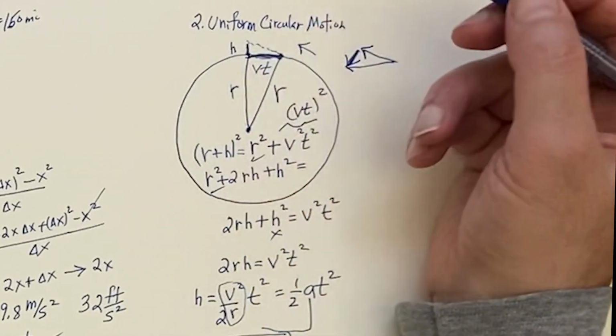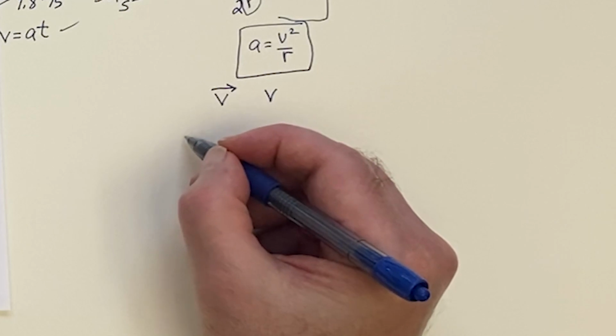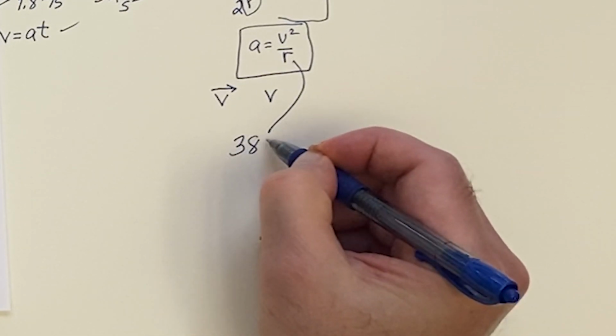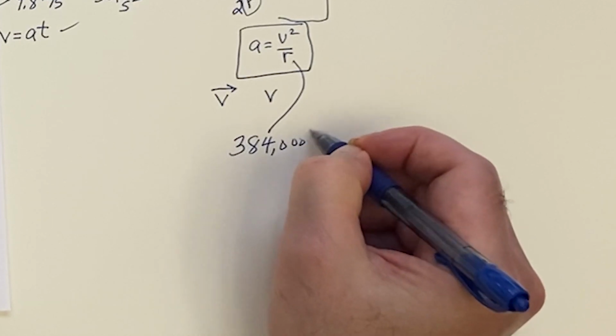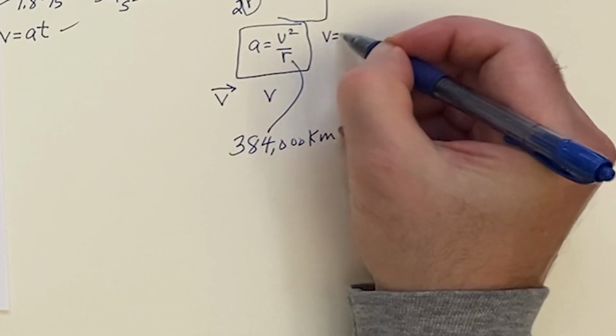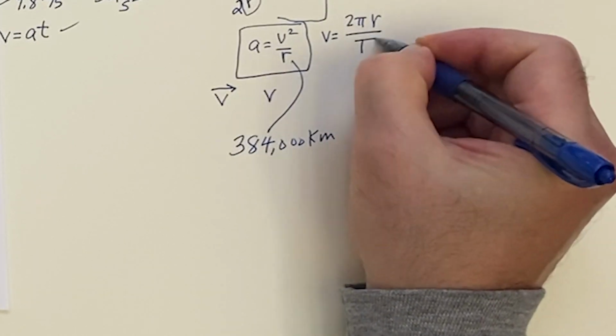See, that's the idea. And if you look at the moon, for example, for the r, there's 384,000 kilometers, and for the velocity, you have the circumference of the moon's orbit, 2 pi r, over the period.